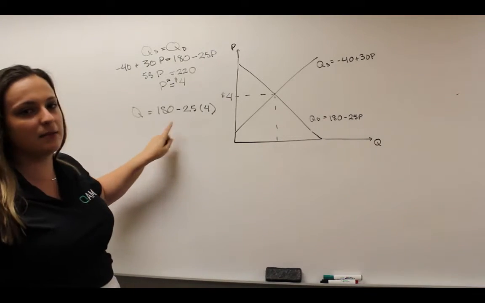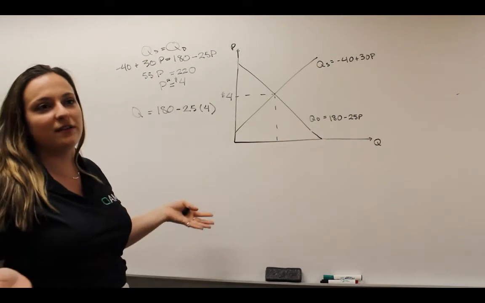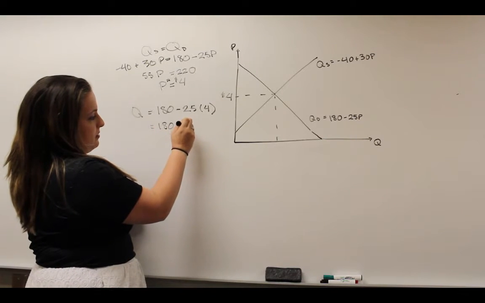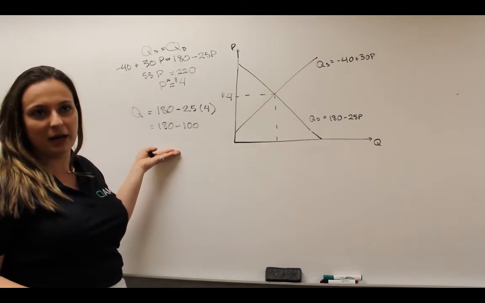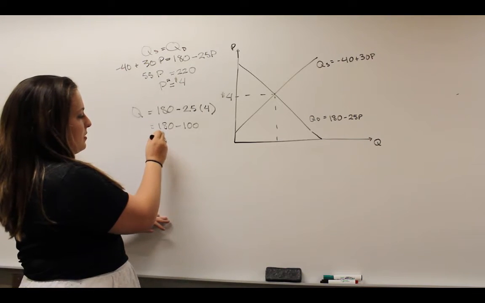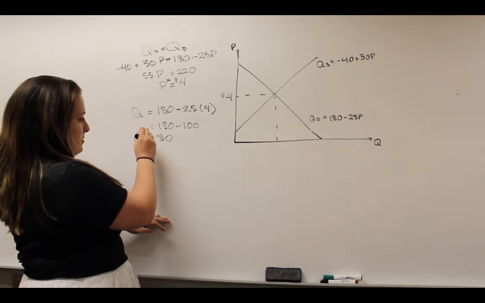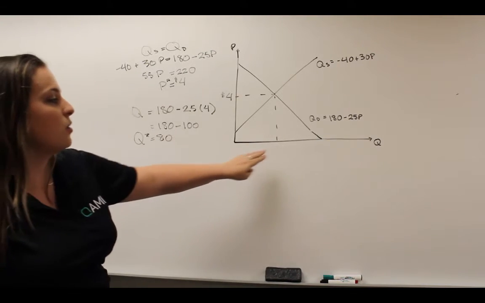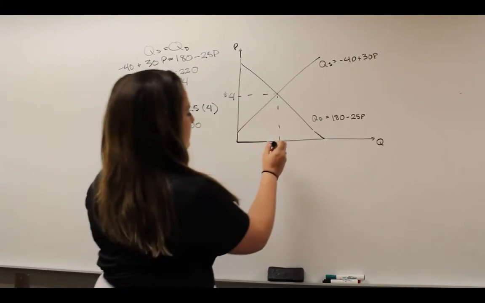So we have 180 minus 25 times 4. 25 times 4 is 100. So this simplifies to 180 minus 100, which gives us our equilibrium quantity of 80. So we'll fill this in on the graph over here.